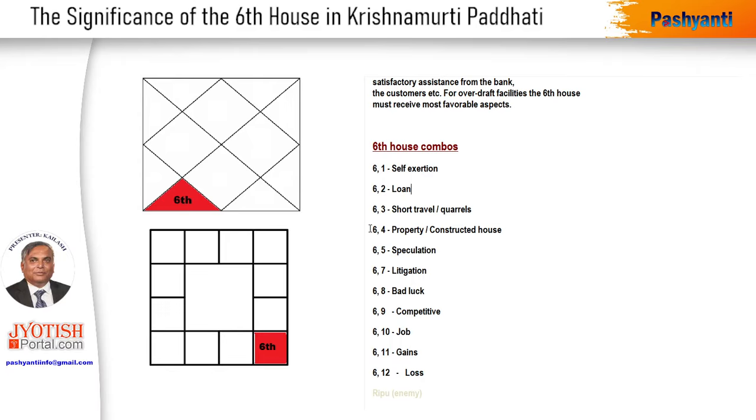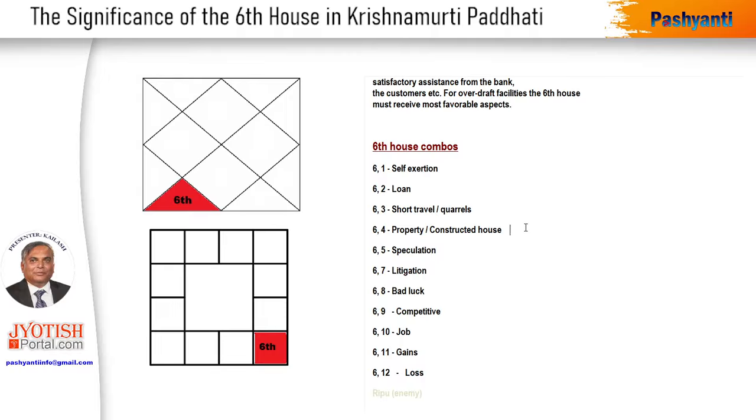Now the 6 and 4, for the constructed house. Usually in the Krishnamurti Paddhati you will not see the sixth house, but in some of the articles Shri KSK has mentioned that if somebody is buying a constructed house, there are two things.